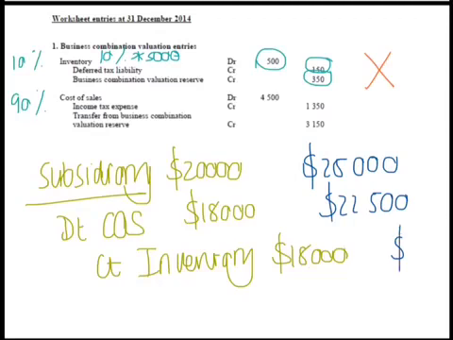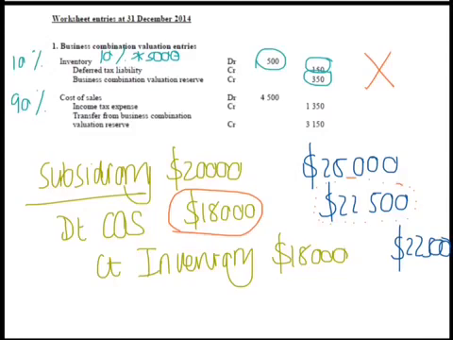Credit inventory $22,500. This is what's going to flow through from the accounting records of the subsidiary. This is what we have to have in the consolidated financial statements as the cost of sales for the group.